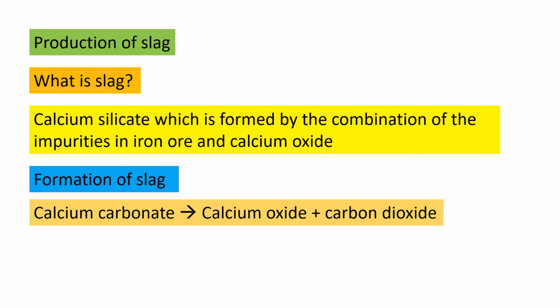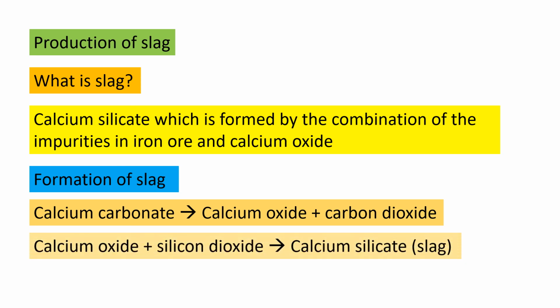It breaks down into calcium oxide and carbon dioxide, and then the calcium oxide from the reaction reacts with silicon dioxide, which is one of the impurities within the iron ore, to form calcium silicate. There we go. So that's the slag, and whatever impurities there are in the iron ore get removed in the form of slag. That's why we need calcium carbonate in the furnace.